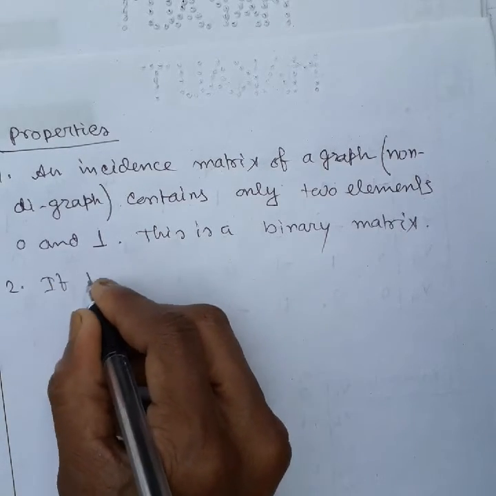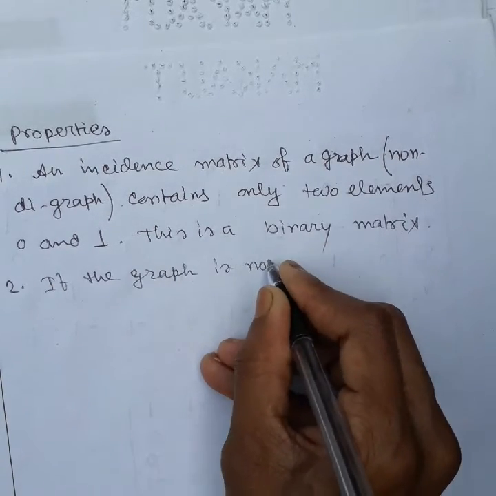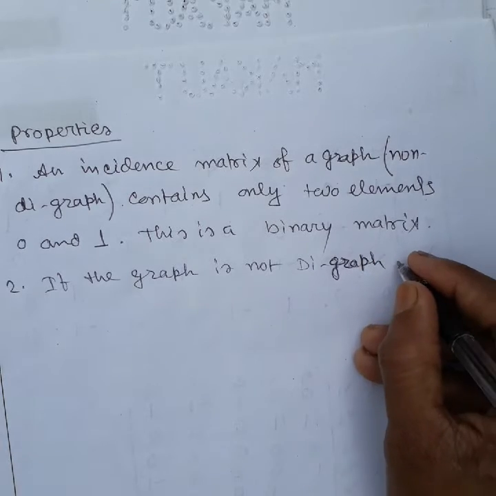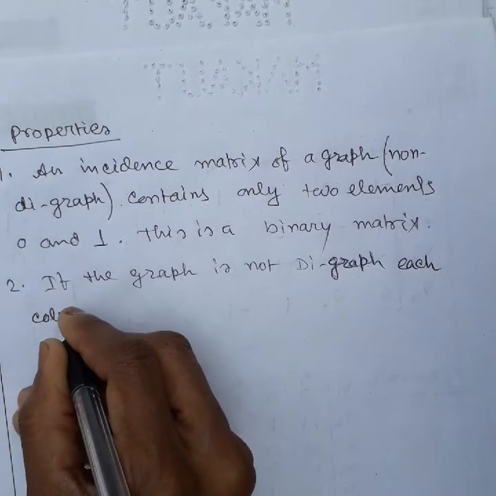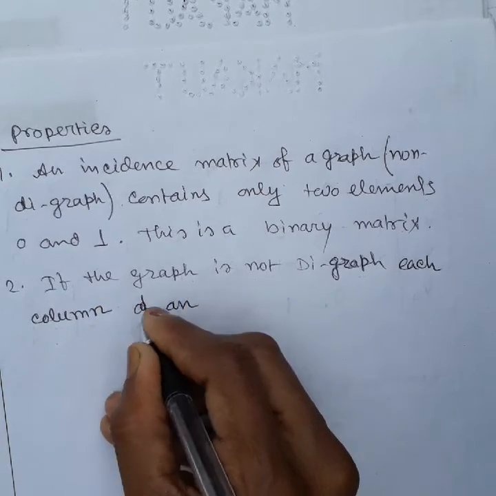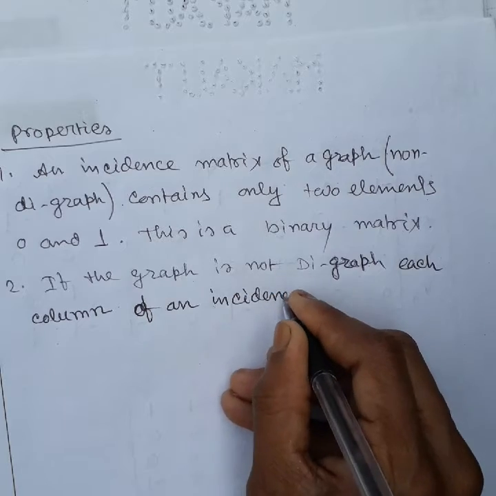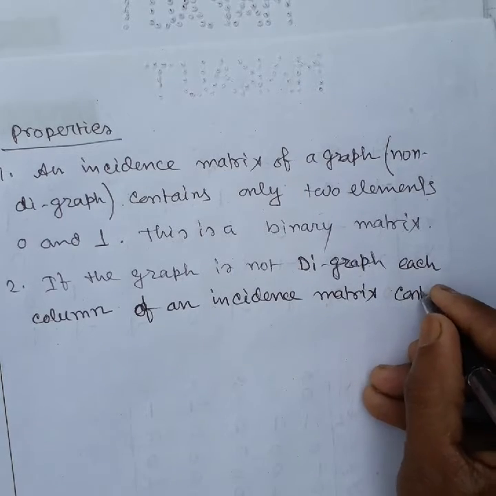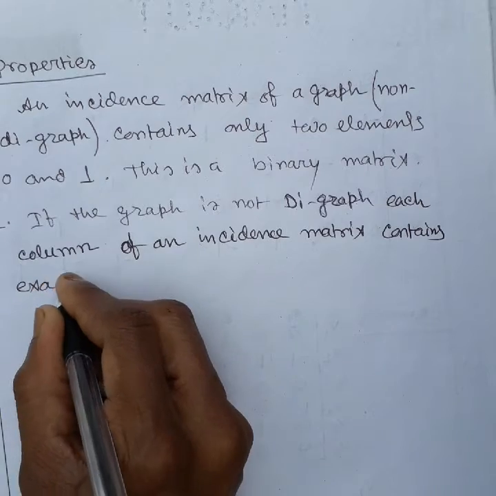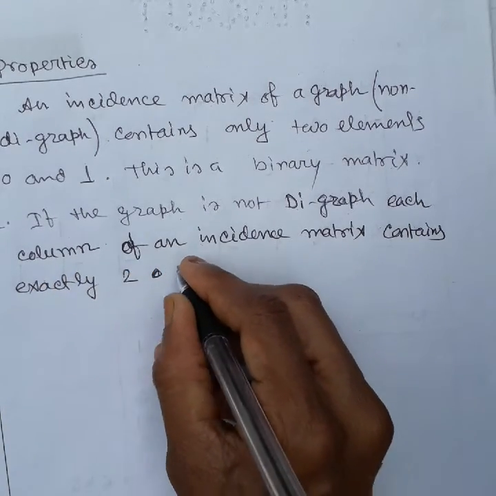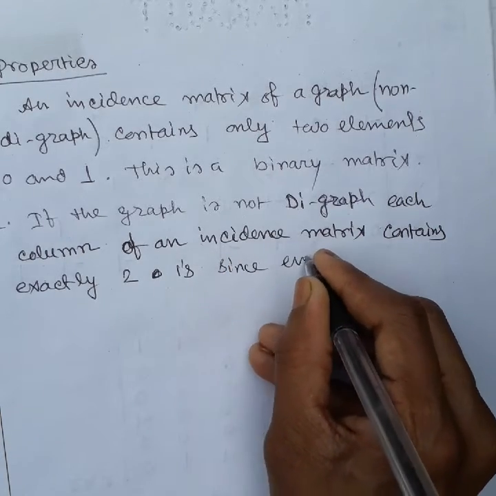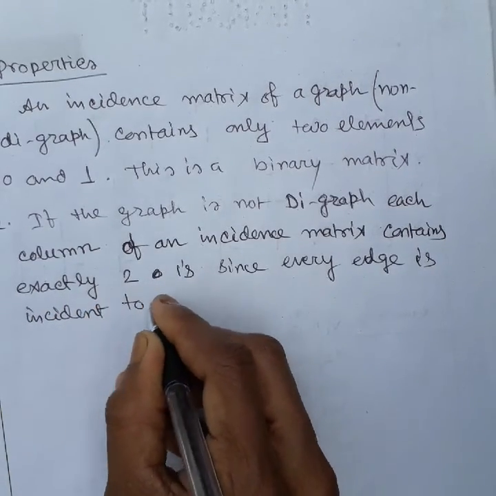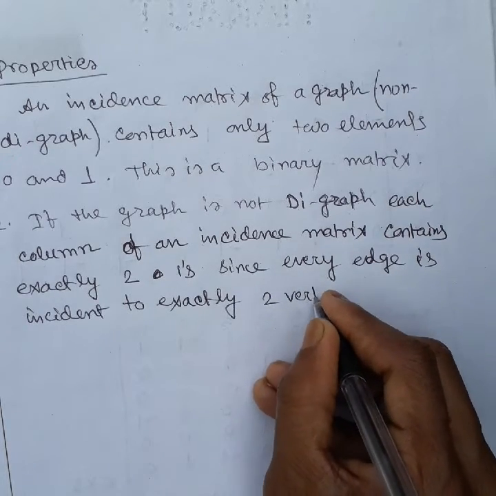Now, if the graph is not a digraph, then each column of an incidence matrix contains exactly two ones, since every edge is incident to exactly two vertices.